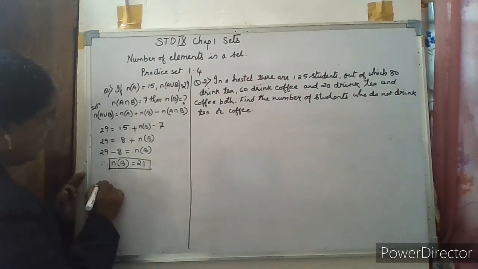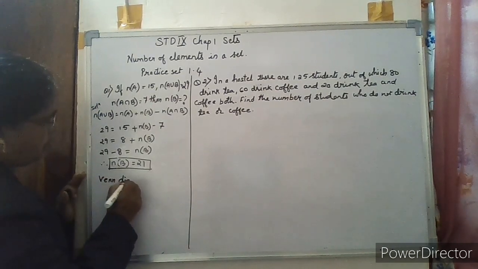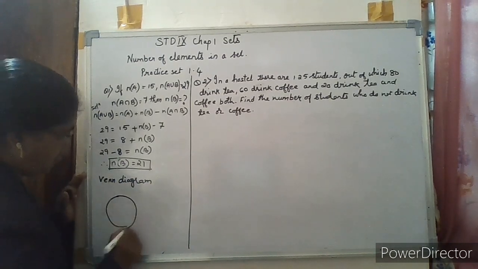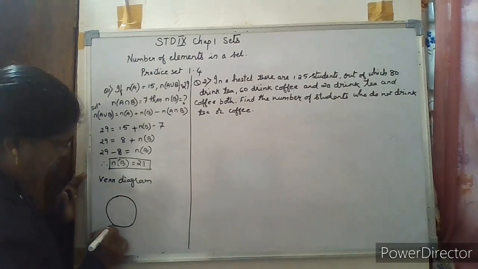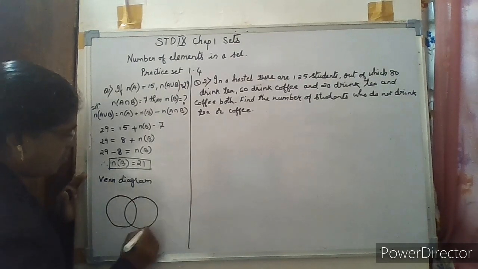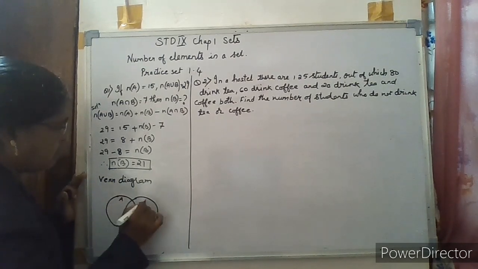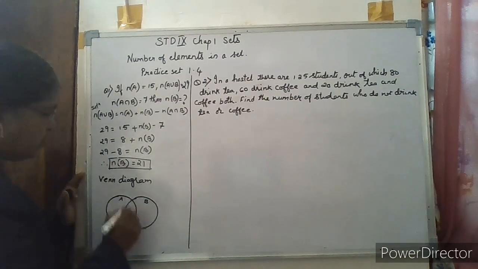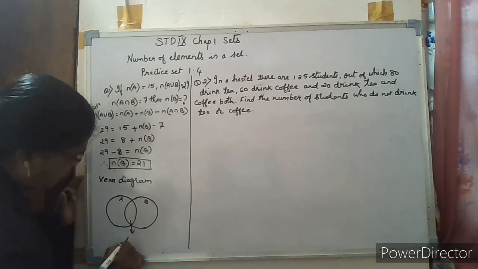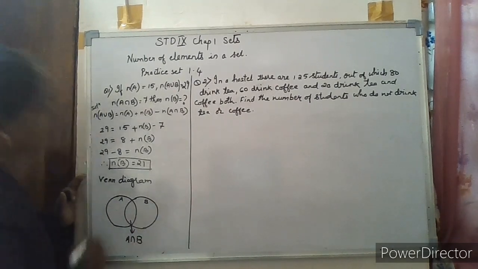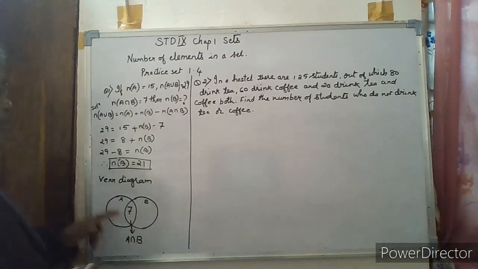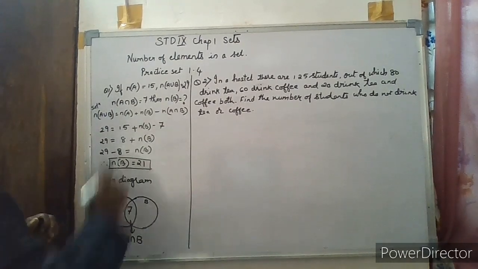Now let us draw the Venn diagram for this problem. This is set A. This is set B. Set A, set B. Now, this part is A intersection B. We have got the number of elements of A intersection B as 7.